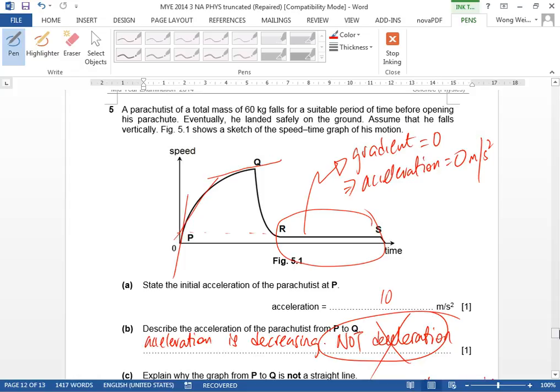Okay, so this is the correct answer. Can you tell me what's wrong if I just say that air resistance equals weight? What's wrong with this?